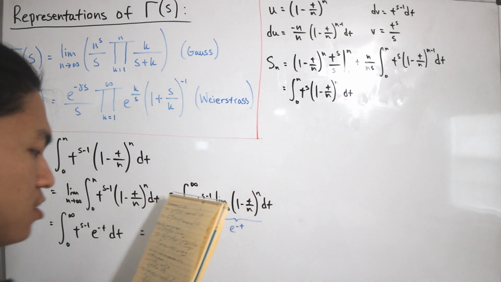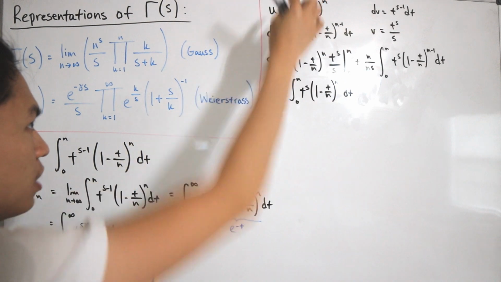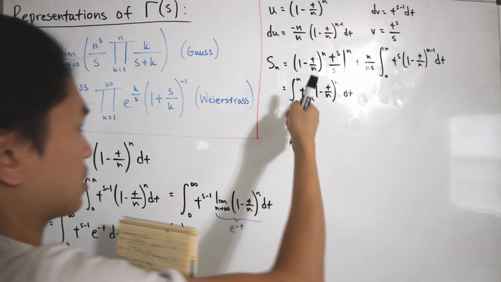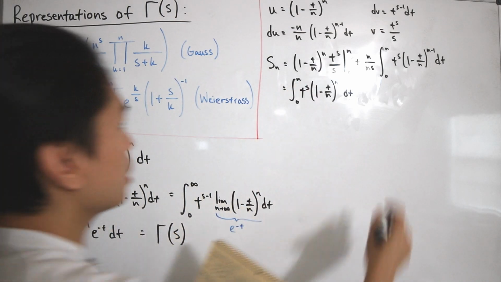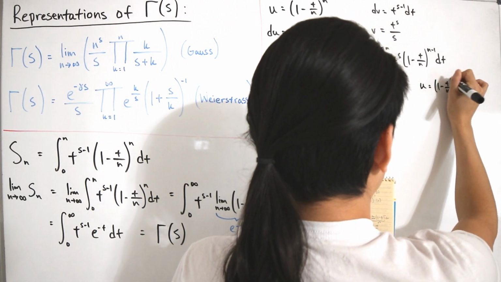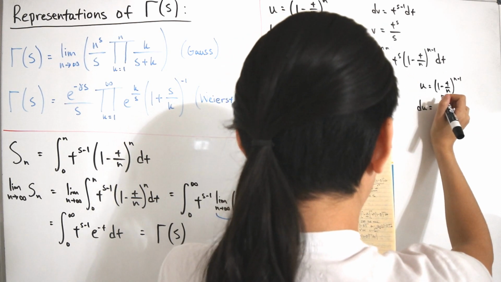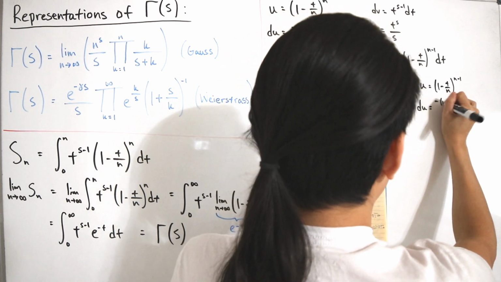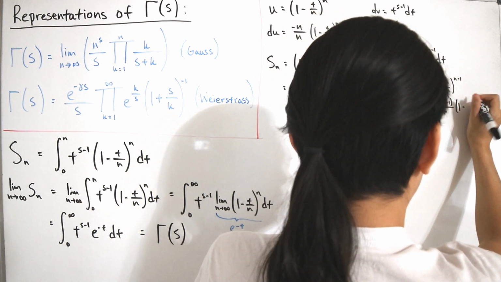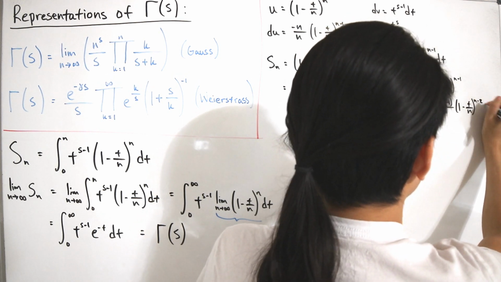Let's do another integration by parts, using the same format just like before. In this situation, the exponent decreases by 1 in the part we differentiate, while the part we integrate increases by 1. So we let u equal 1 minus t divided by n, to the power n minus 1, then du is going to equal, taking that derivative, negative n minus 1 divided by n, multiplied with 1 minus t divided by n, to the power n minus 2 dt.